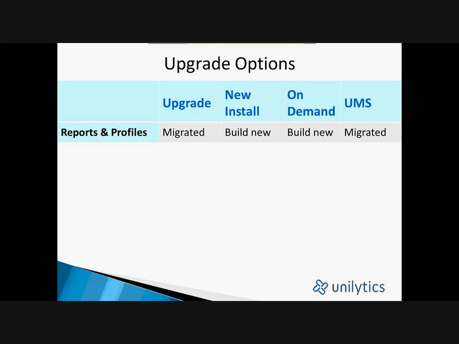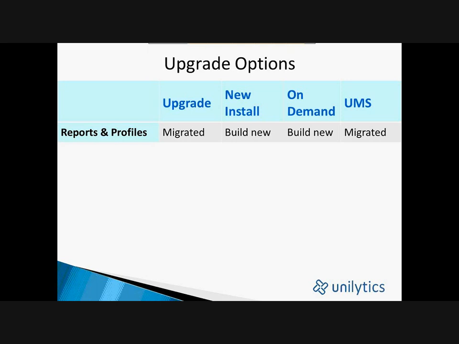One of the things that everyone should be considering is that the new version 9.2 offers a tremendous amount of new features and capabilities, and in particular, if you're going to a JavaScripted environment, you will likely want to rebuild your profiles anyway. And so there's a reason to consider doing a new installation if you're going brand clean anyway.